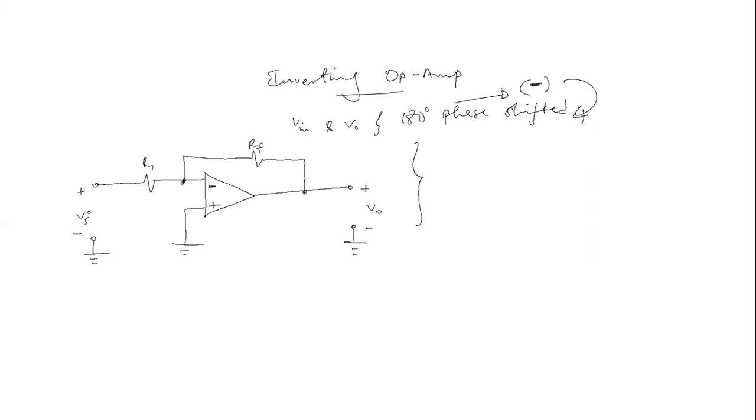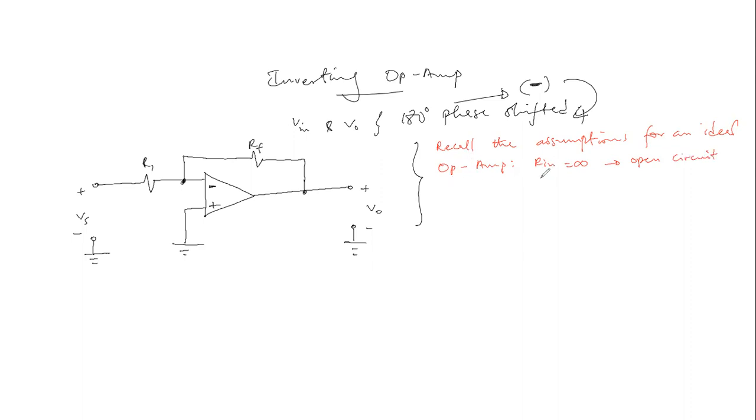And before we go on, it will be a smart thing to recall the assumptions for an ideal op-amp. Recall that the input resistance is infinite, that is, it can be represented using an open circuit.